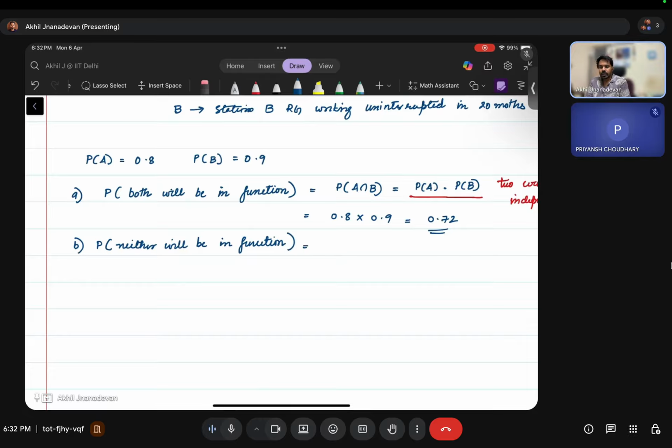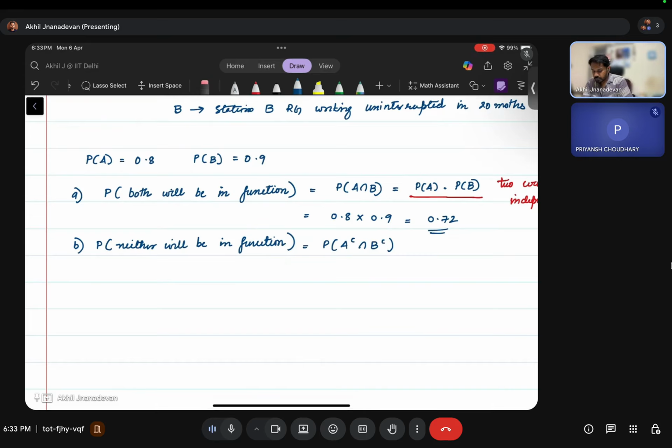We can write it as P of A complement intersection P of B complement. A complement means the opposite of A, that is, A failure and B failure, which means neither will be functioning.